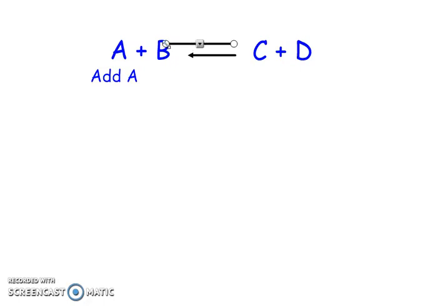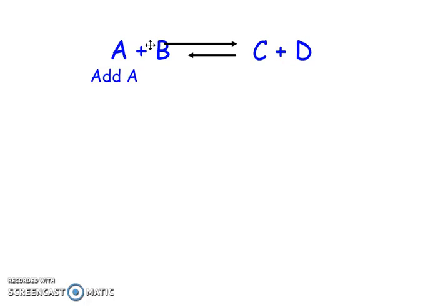We started off with equal rates for the forward and reverse reaction. Now the forward reaction is speeding up. I didn't do anything to change C and D, so that reverse reaction is going to proceed at the same rate. My system is no longer at equilibrium because the rate of the forward reaction is now faster than the rate of the reverse reaction.